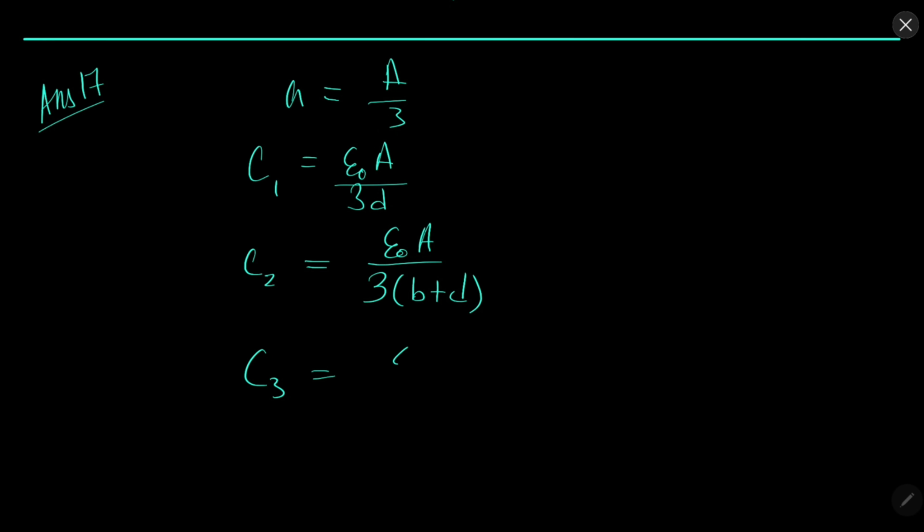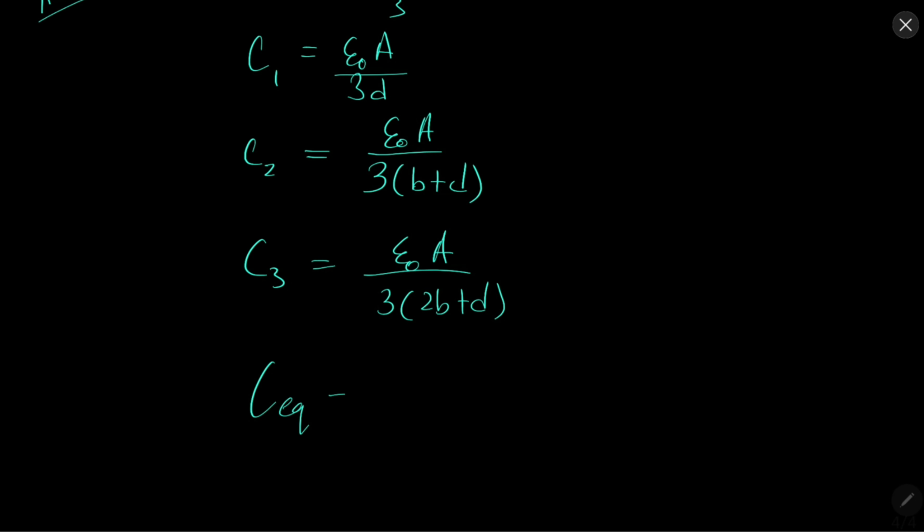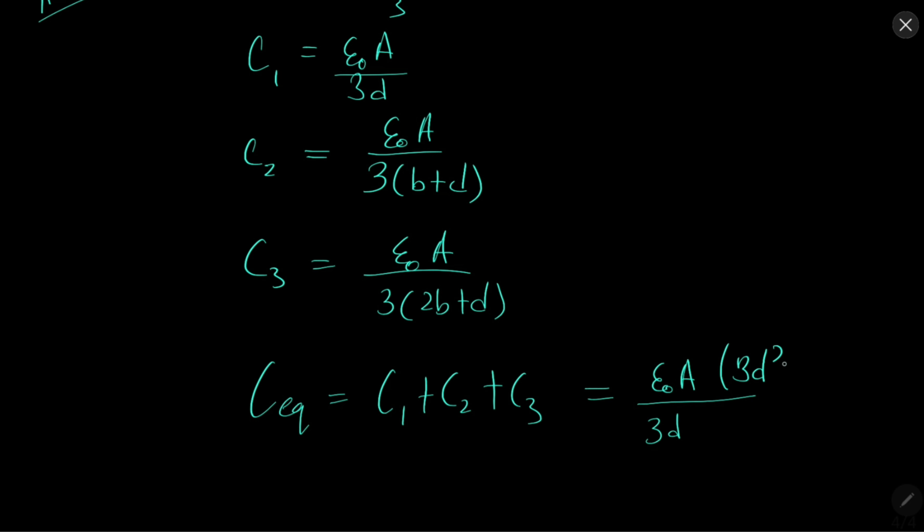Third one will be epsilon naught A over 3(2B plus D). So equivalent capacitance will be the addition of them. So it will come out to be around epsilon naught A (3D square plus 6BD plus 2B square) over D (B plus D)(2B plus D).